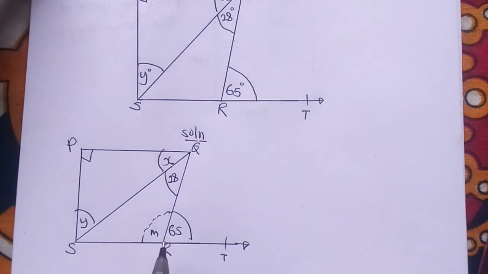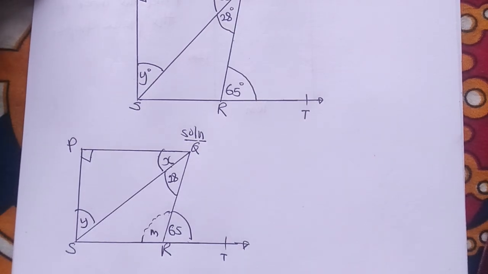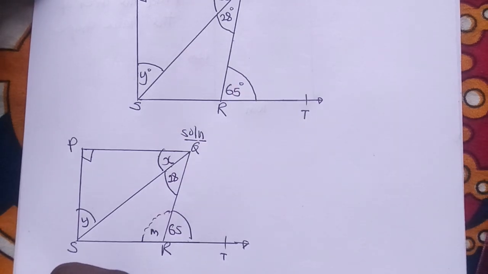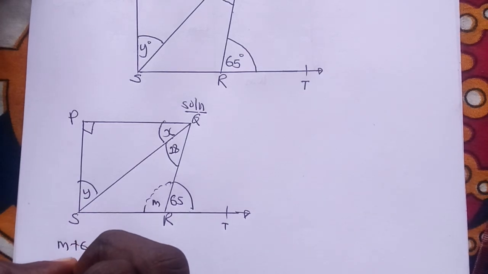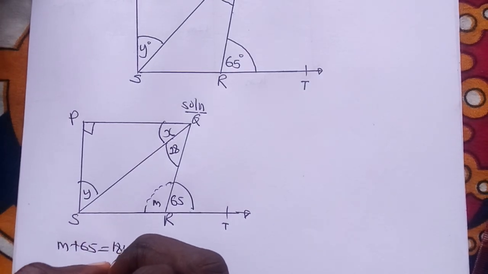To find the value of m here, you apply angles on a straight line. Like I said, I'm going to use two methods to solve this one. We say m plus 65 equals 180 degrees.